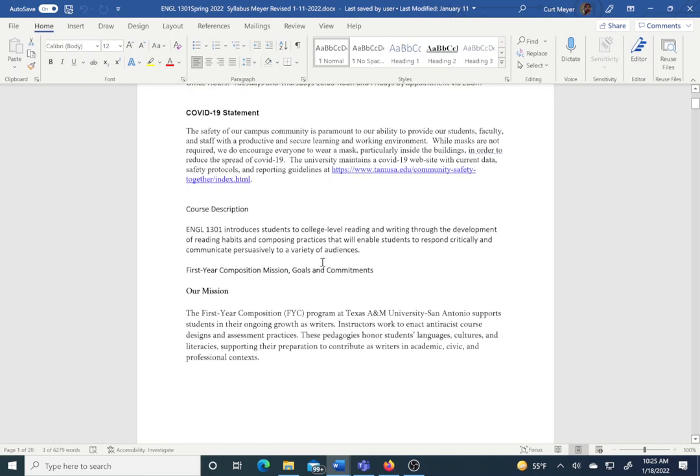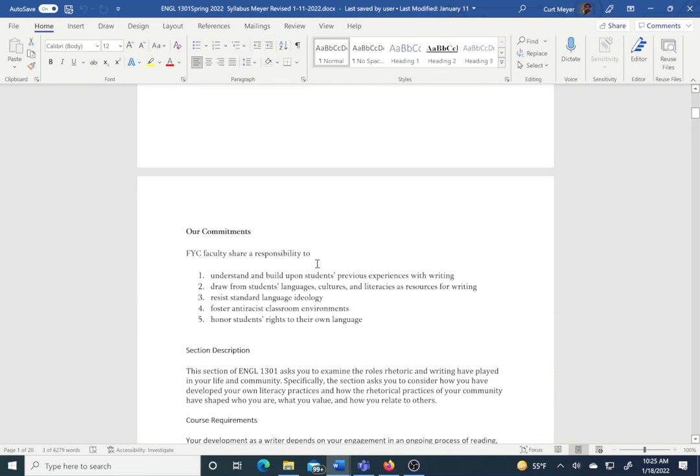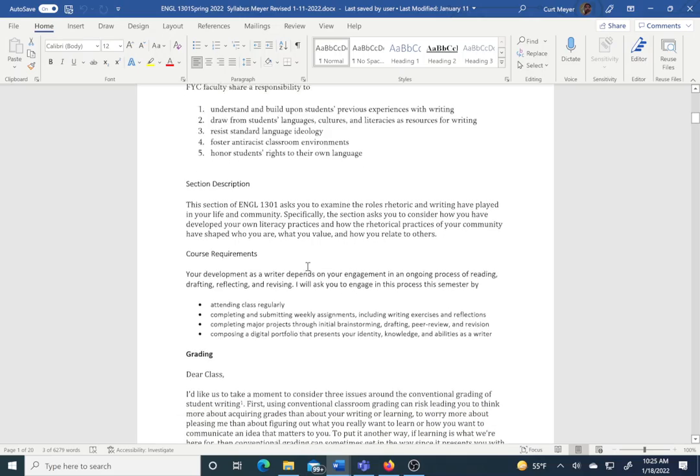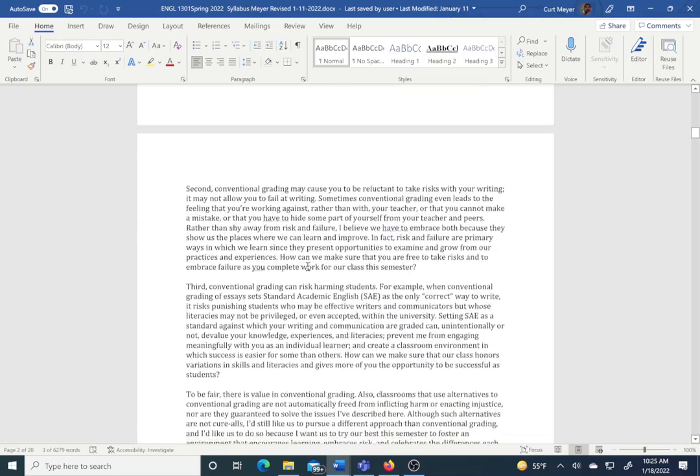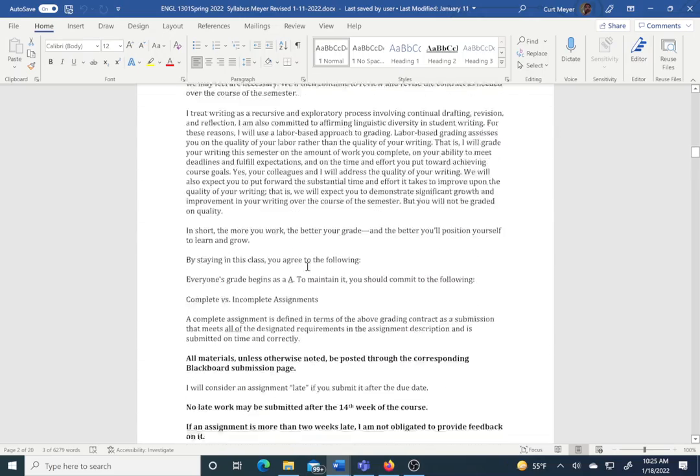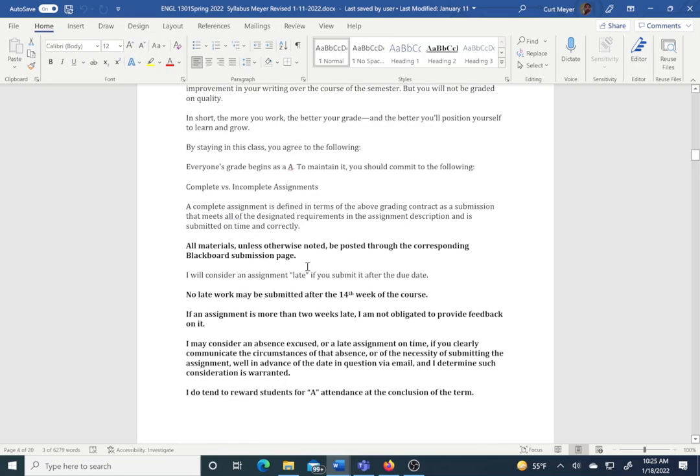So it is online asynchronous, as the syllabus on your Blackboard site will show you, okay? But this is otherwise identical with a couple of minor changes.